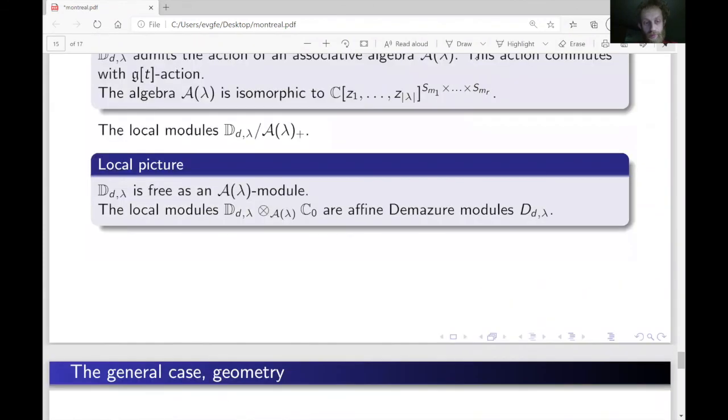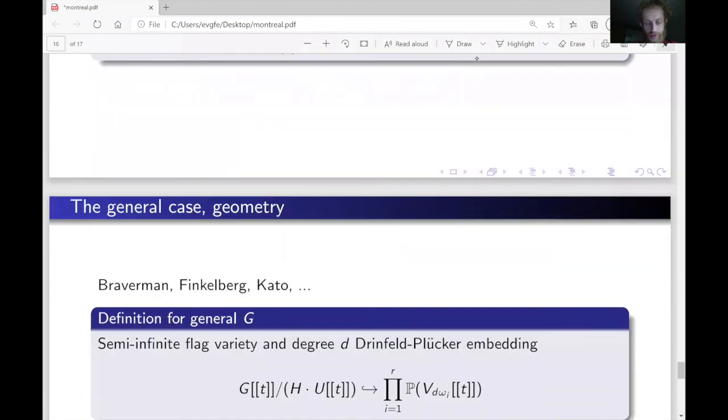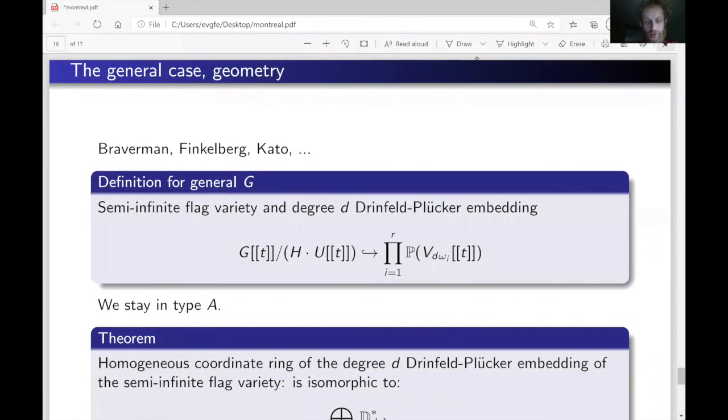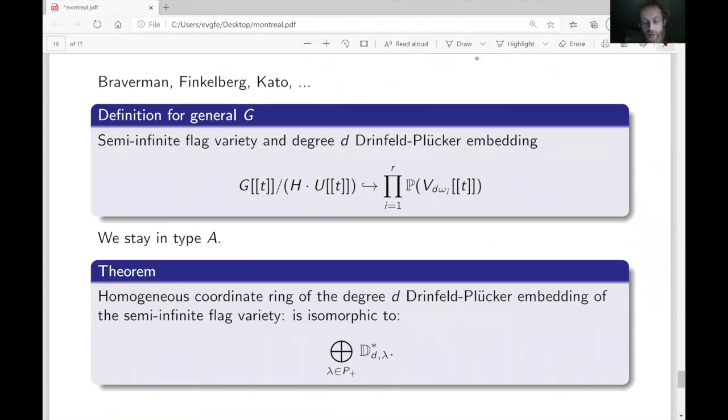If you want to describe these semi-infinite flag varieties, then you have to work with these global Demazure modules in general. And the connection with the affine Demazure modules is the same as in the SL2 case.